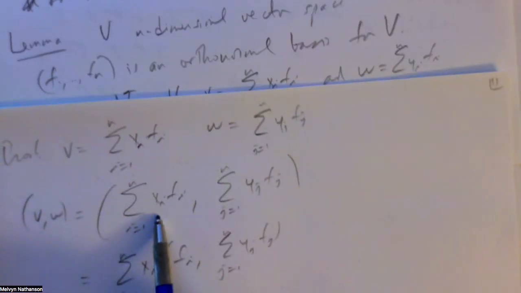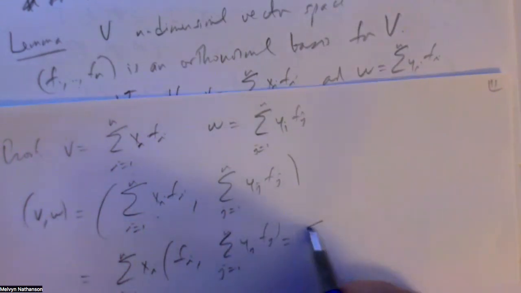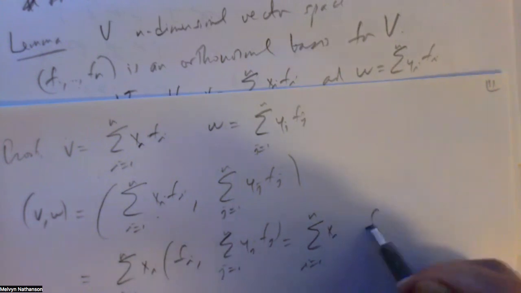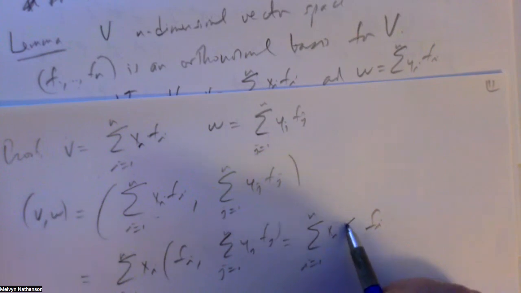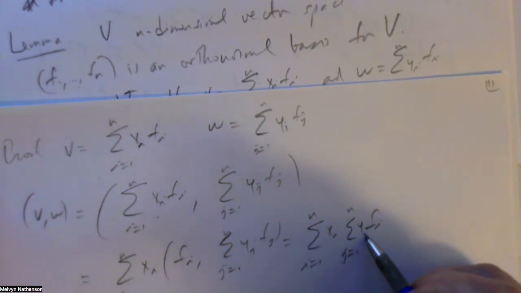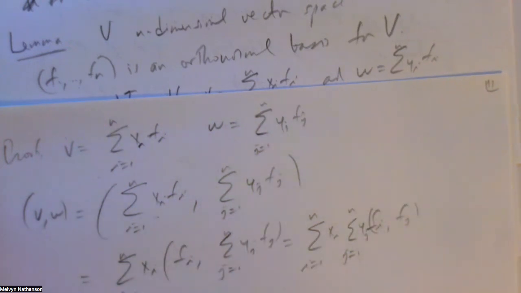Using the bilinearity of the inner product with respect to the first coordinate. But we also have the bilinearity of the inner product with respect to the second coordinate. So this is summation i goes from 1 up to n, xi, summation j goes from 1 up to n, yj, inner product of fi and fj.